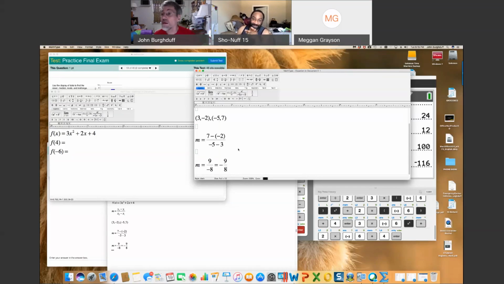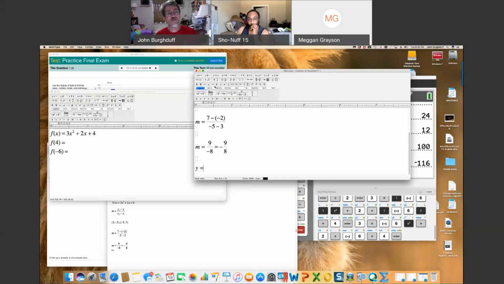So we will plot that as the 9 first, down 9. This by itself would not be an equation because it's only the m value, but you might have an equation that has that in it.